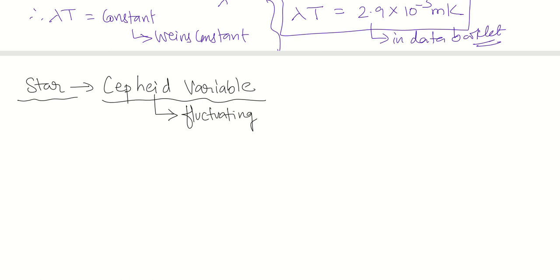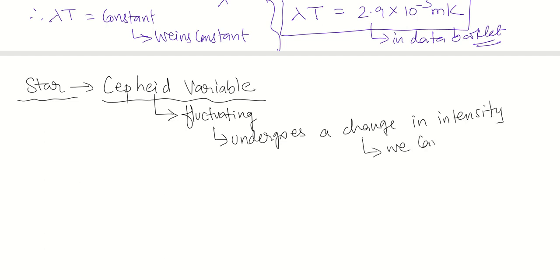Now the question is, what is fluctuating? It means it undergoes a change in intensity. But the good thing is that we can predict this change in the star.